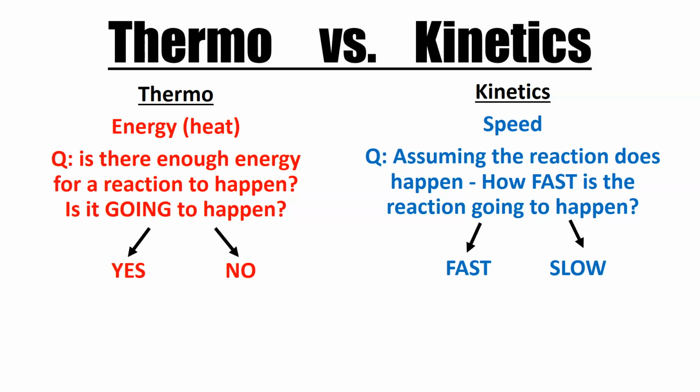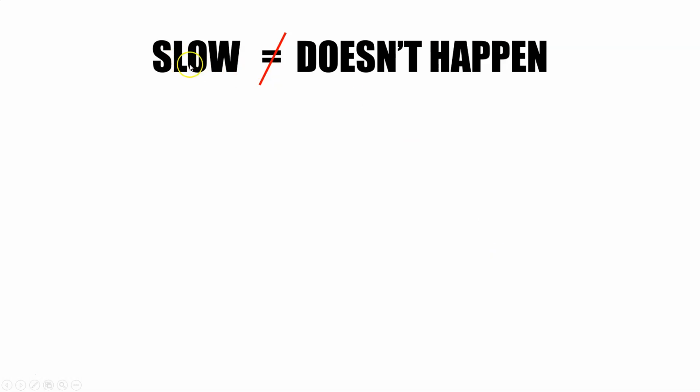One of the things we have a problem with is that people have a tendency to think that if they can't see the reaction happening with their own eyes, then it's not happening. And that's not true. It's really important that you understand that slow does not mean that the reaction doesn't happen.